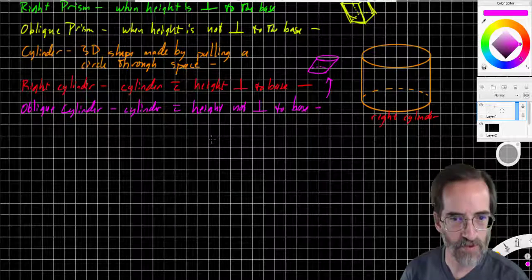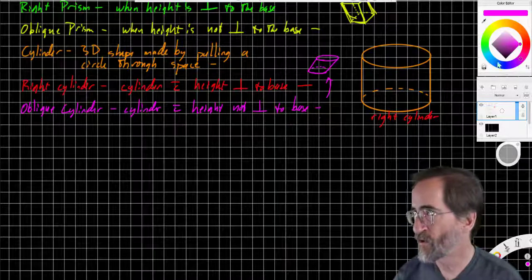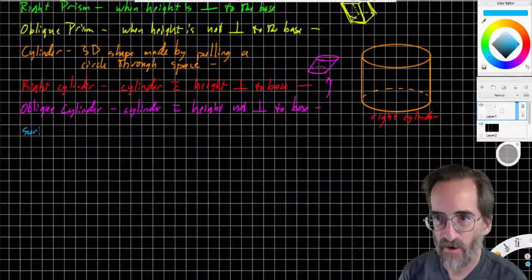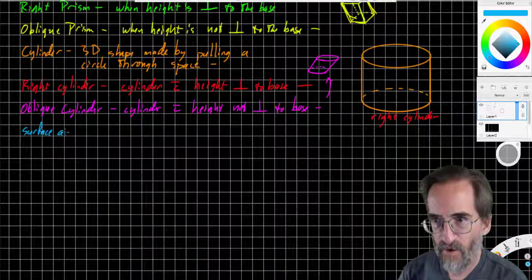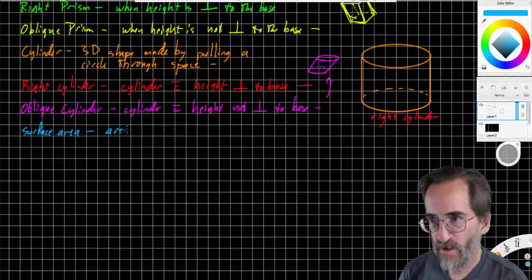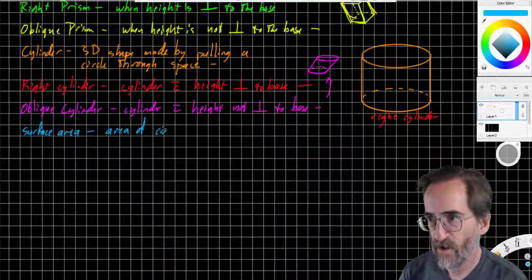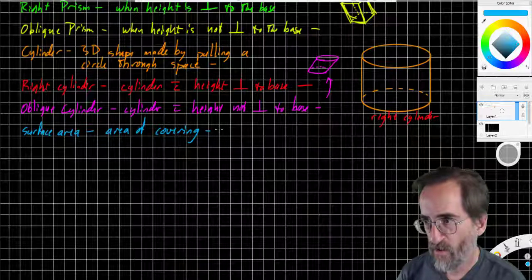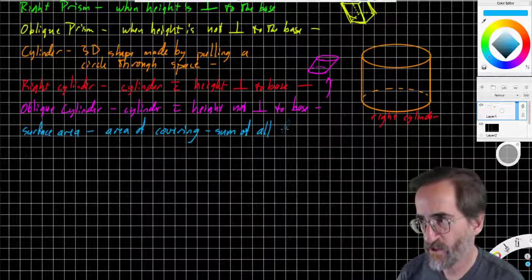We need to do surface area, and I think that's the last word on this lesson. This lesson had a lot of words. It is the area of covering. It's the sum of all faces of a polyhedron.